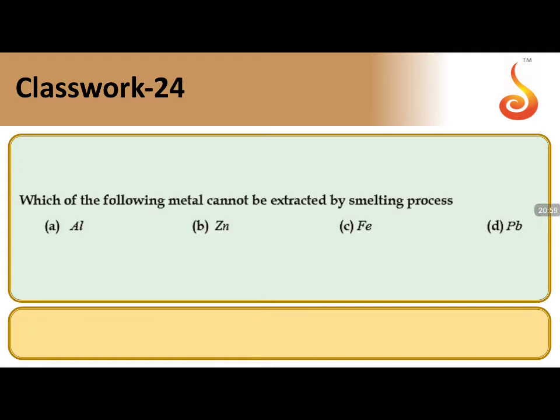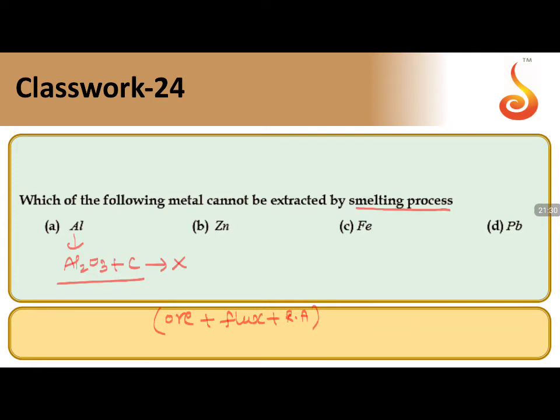Now coming to the 24th question, which of the following metals cannot be extracted by the smelting process? Smelting process. So we already said, what will be the conditions? You should have ore plus flux plus reducing agent. These are the three things which are required for smelting. But remember, a reducing agent like carbon or coke or anything, aluminum generally exists as Al2O3. It cannot be reduced by carbon.